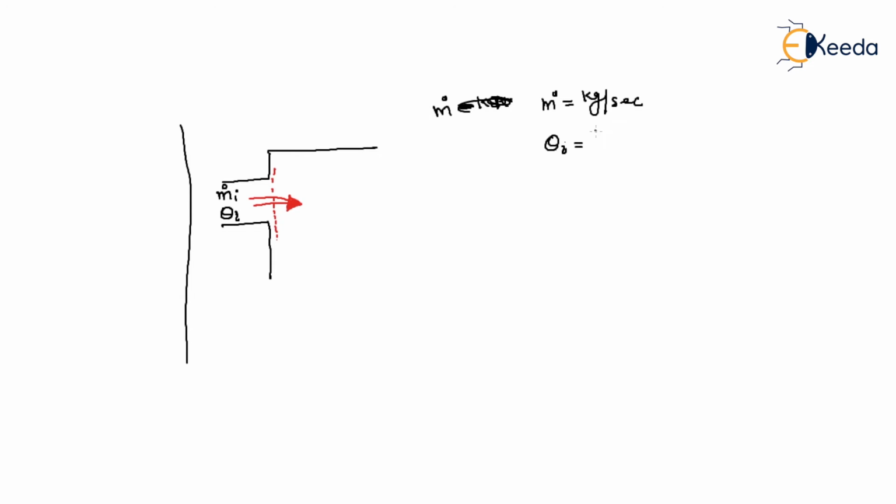So what is that? Energy transport by the mass. If this is your control volume system and this is your boundary, and there is mass coming into the control volume, this is your mass in kg per second, and along with that there is energy, which is in kilojoule per kg on a per mass basis.